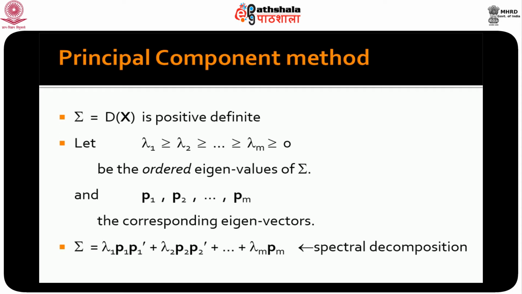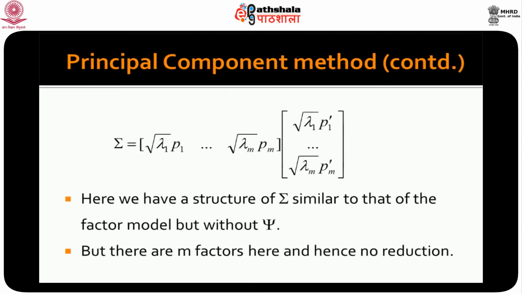These p_j's, remember, are the eigenvectors corresponding to the eigenvalue lambda j. This breakup is referred to as the spectral decomposition of the positive definite matrix. Now, once we do this spectral decomposition, we can show that we can always write this as the product of two matrices.